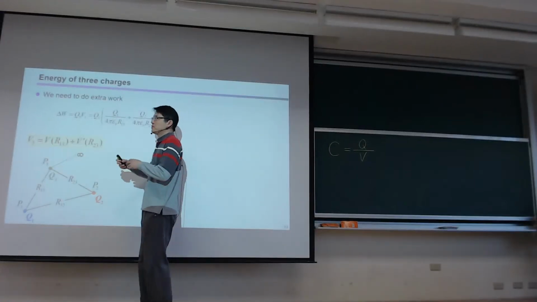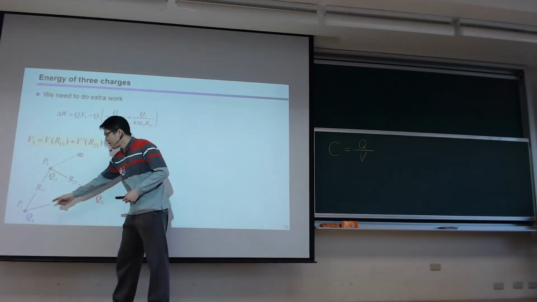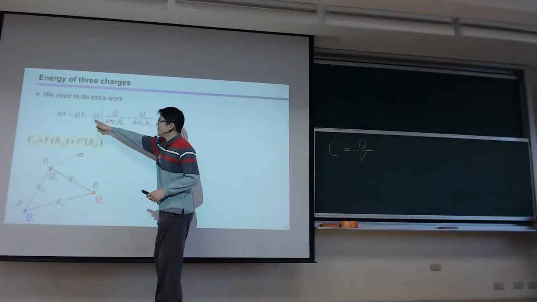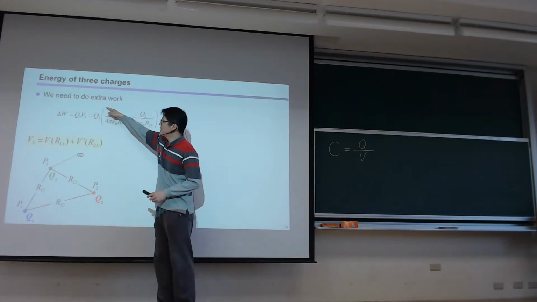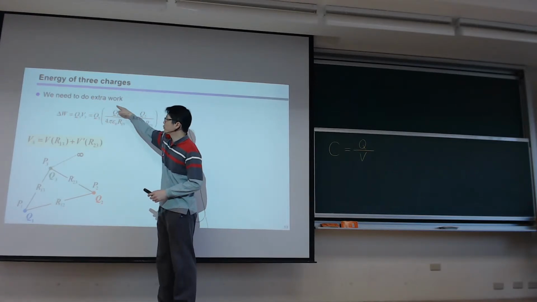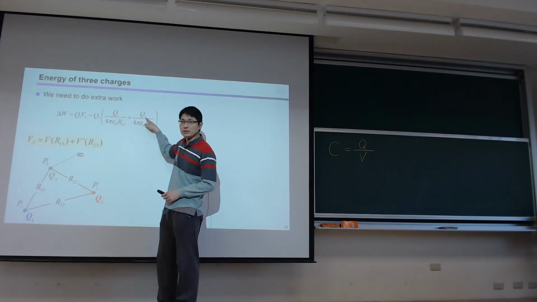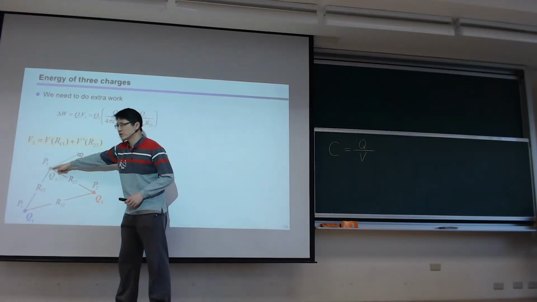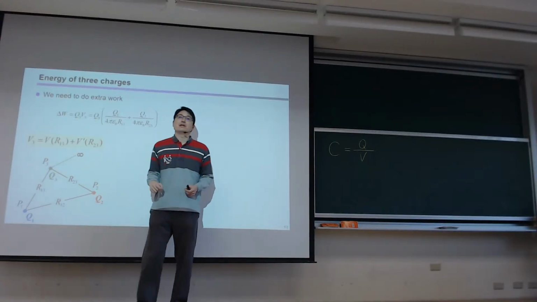Now you have to think how to properly formulate V3. V3 is the potential being set up by both charge 1 and charge 2. So V3 actually has two contributions, right? This is the electric potential provided by charge 1, and this is the potential generated by charge 2, right? When you bring this third charge in, it has to work against both fields.